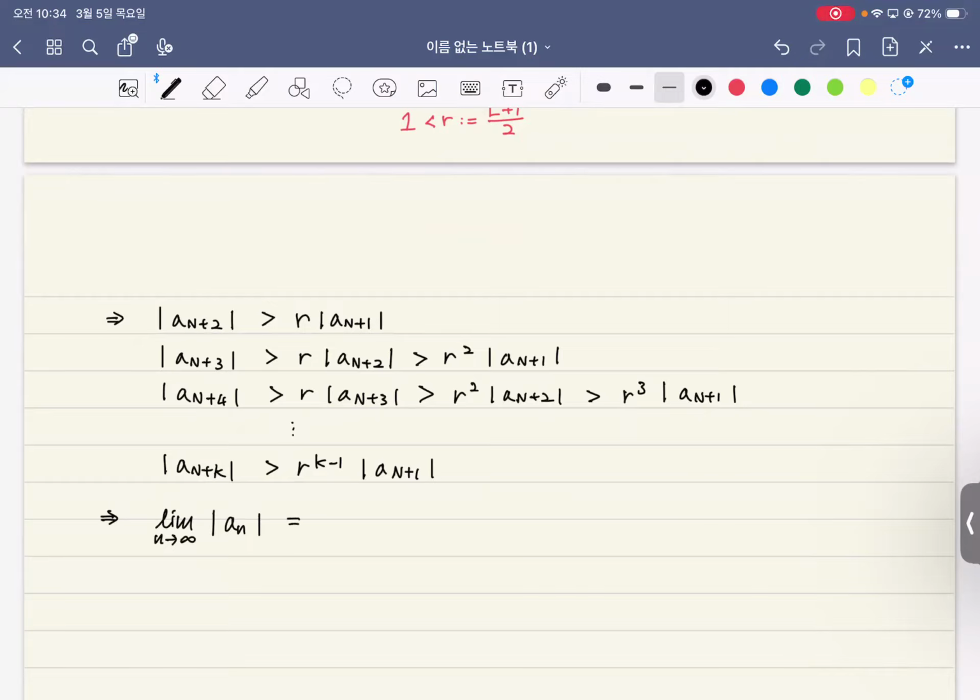Now we want to talk about the limit of this. The limit of this is the same as the limit of a n plus k.